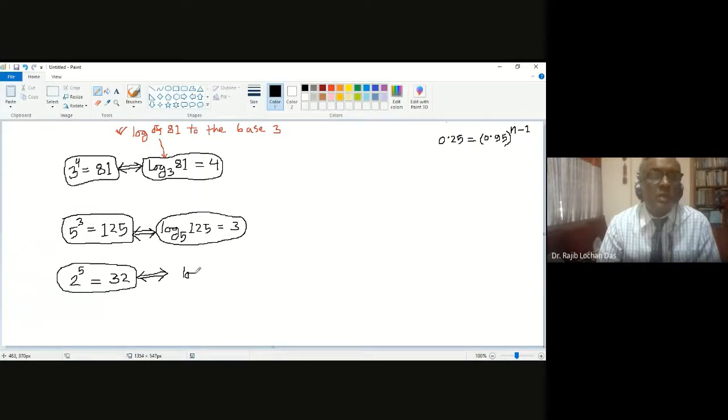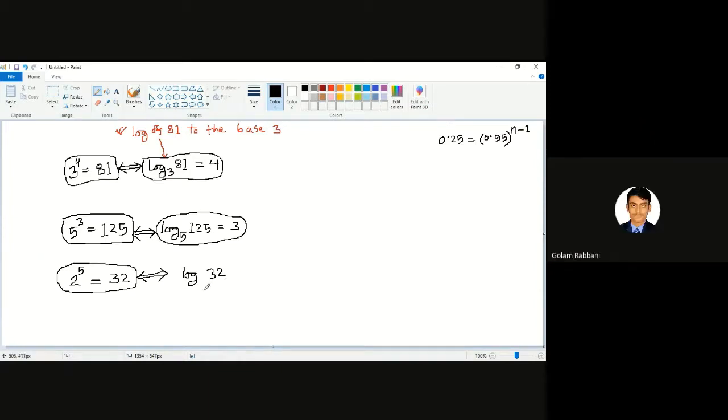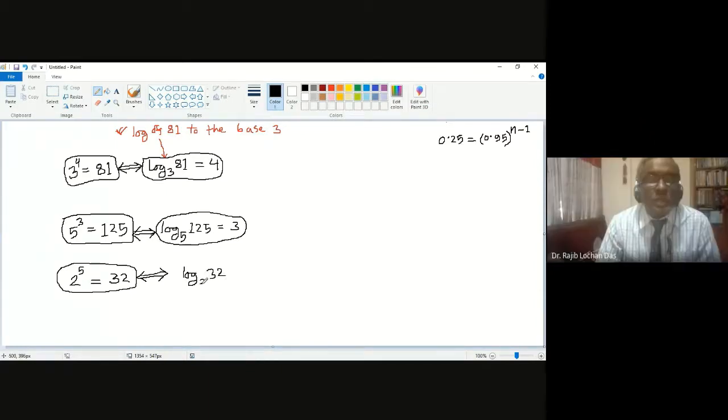Log 32 to the base 2 is equal to 5. This is the same information written with log. Is that okay? Is everyone okay with this idea, or is more example necessary?